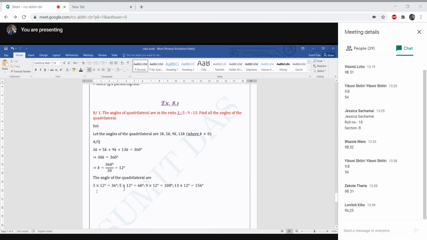These are the angles. This is a very easy question.